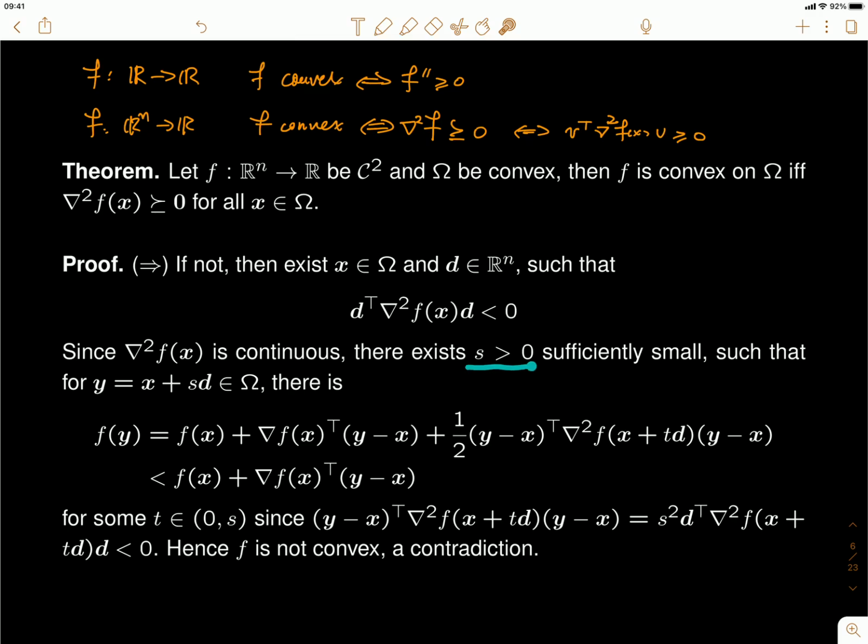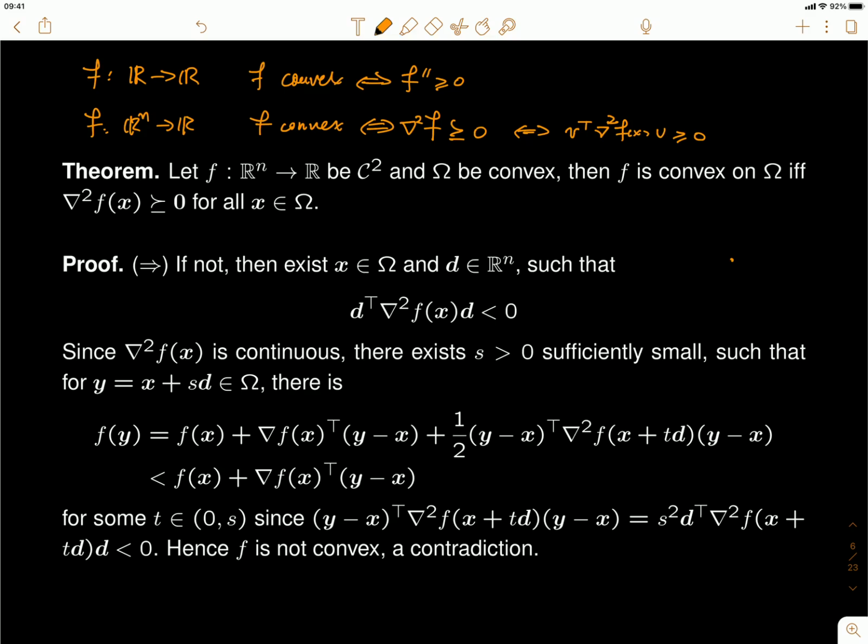Okay, so this is what we said below. We know that there exists this radius s small enough such that for any point in this neighborhood of x, this function is negative. So now let's choose a specific one.